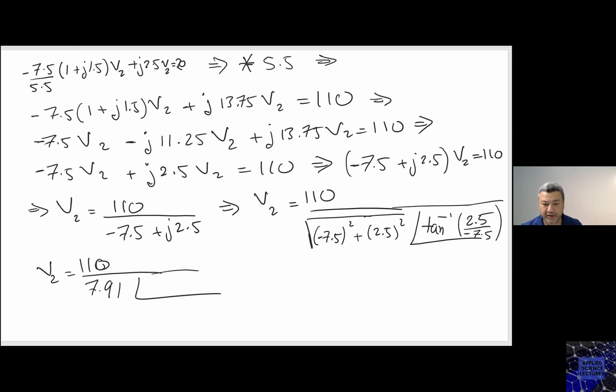When you use your calculator, if it does not distinguish between the signs of the real and the imaginary, it will give you the fourth quadrant. However, the real is negative and the imaginary is positive.